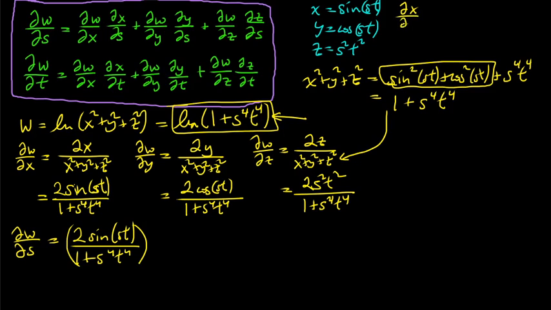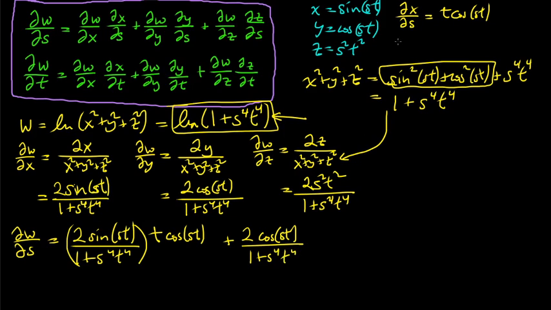So if I take the partial derivative of x with respect to s, we're just going to get t times cosine of st. So this will be t times cosine of st, plus, and then the y partial of w, which is right up there, times the s partial of y.